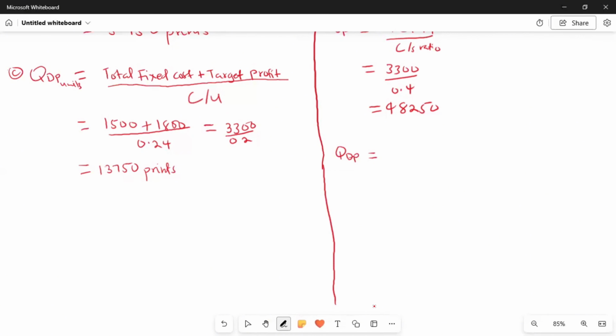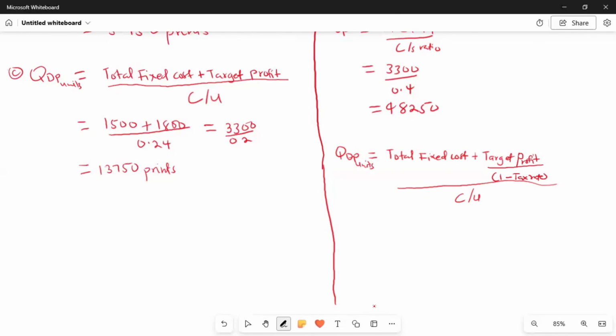So our total fixed costs plus the target profits divided, and you divide only the target profit, by one minus the tax rate. And now we divide all by the contribution per unit, since we are finding the units first.